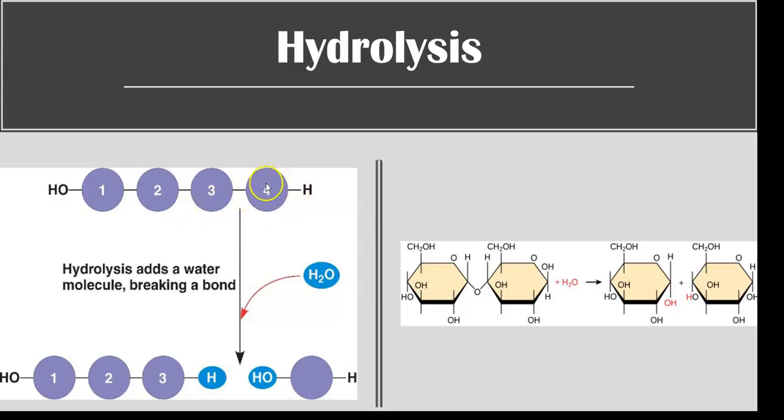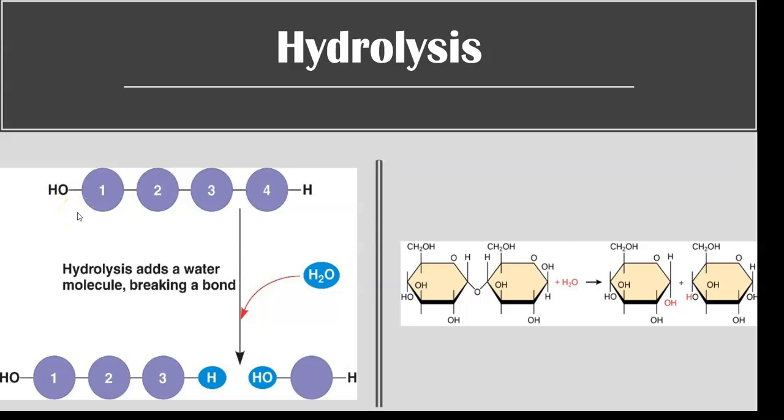So this 4th monomer gave up its hydroxyl group, its OH, to join with 3, and kept its hydrogen. Whereas this first one, in order to join with unit 2, gave up its hydrogen and kept its hydroxyl. So just to clarify that a bit.